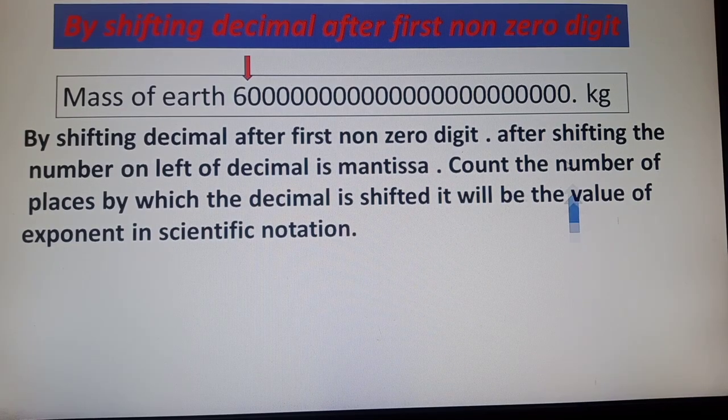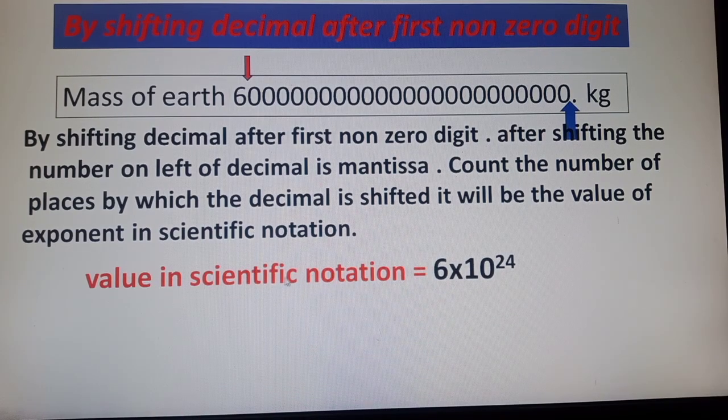And where is our decimal? Here is our decimal. Decimal is at the end. According to this rule, we will shift this decimal after the first non-zero digit. The value in scientific notation will be like this: 6 multiplied by 10 raised to the power 24.